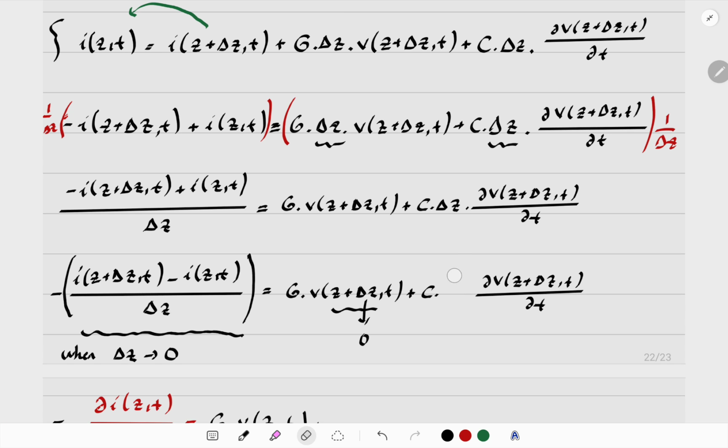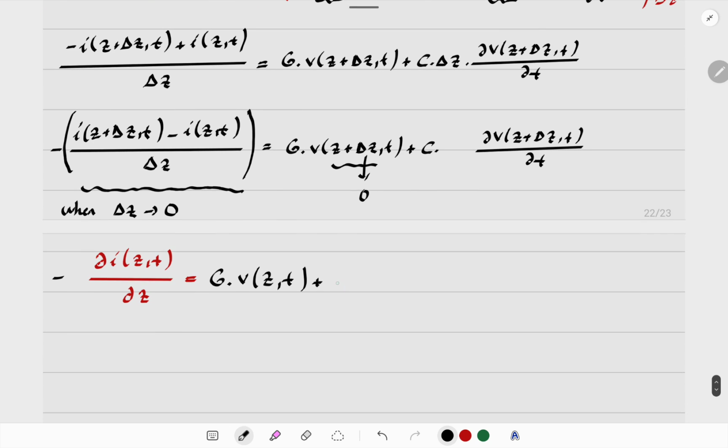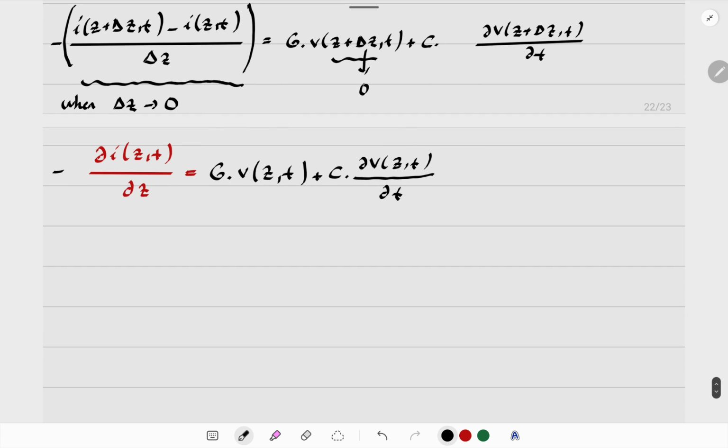I had to get rid of it, but a simple mistake. So c times del v(z, t) over del t. All right, great. And let's not forget this minus sign over here. We see that the KCL equation part is done.